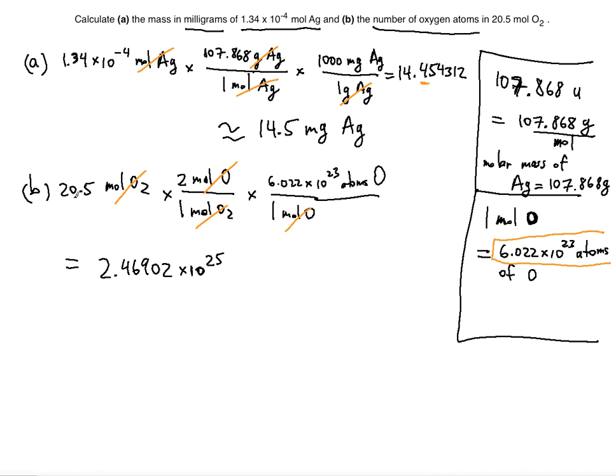But we need, again, 3 significant figures, right? So we have to round to the nearest hundredth. Nearest hundredth means the 9 will push the 6, right? So that means we will have 2.47 times 10 to the 25 atoms of O.